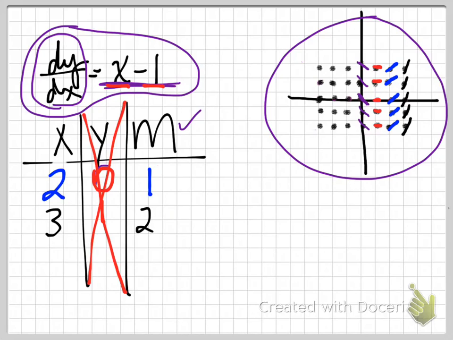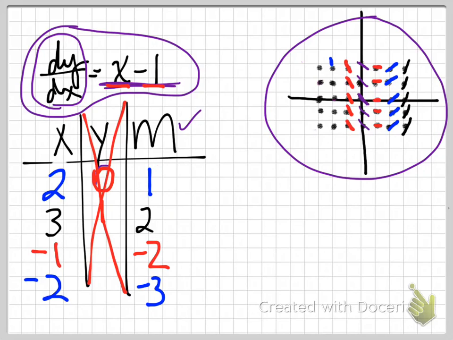And then when x is -1, my slope is going to be -2. So I'm going to have a slightly sharper slope this way. Alright, so then when x is -2, my slope would be -3.